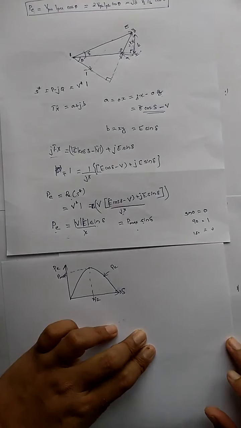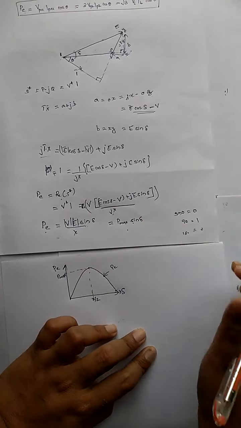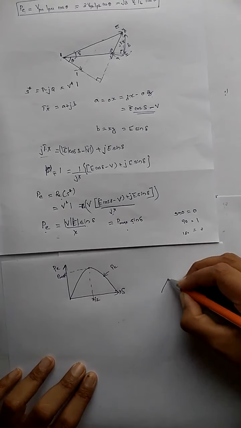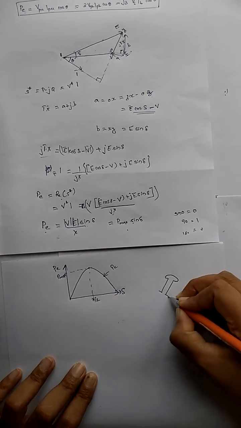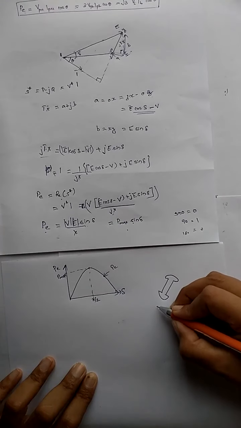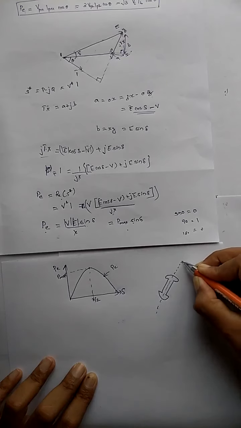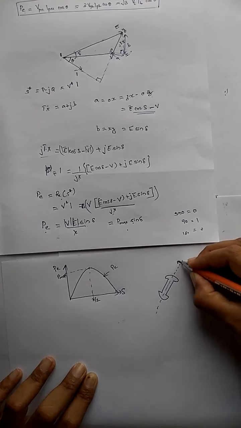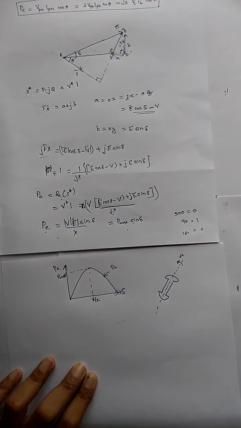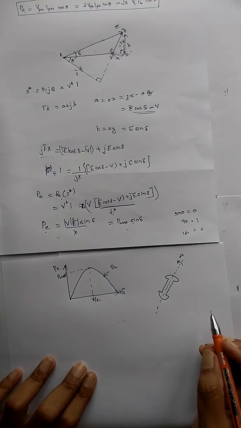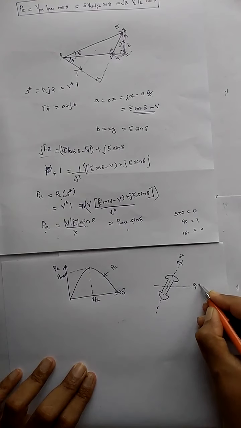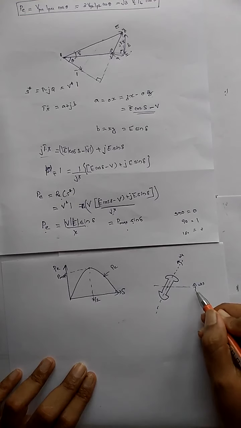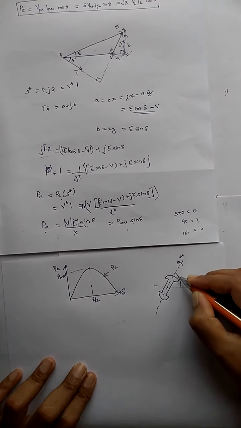If I have this machine as a generator, I am drawing a rotor. This is my rotor, and this is my axis of rotation, that is omega r. This is my rotating reference axis, that is omega s, and the difference between omega s and omega r we notate as delta.